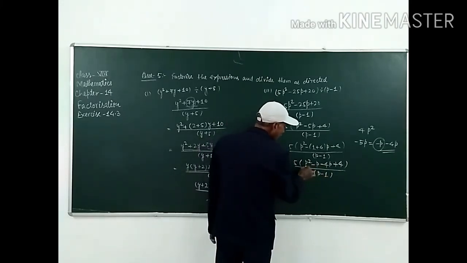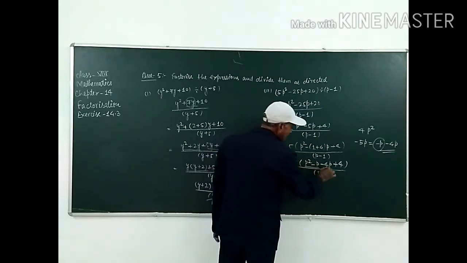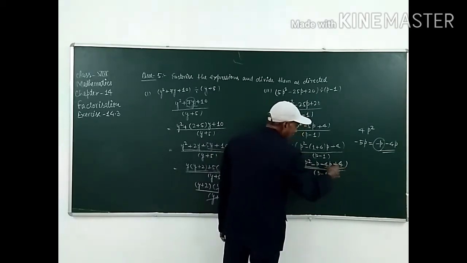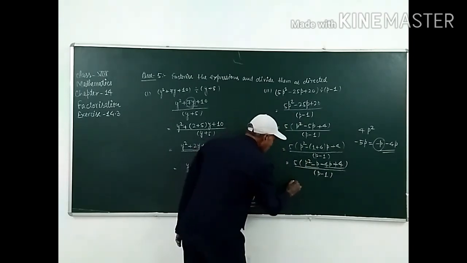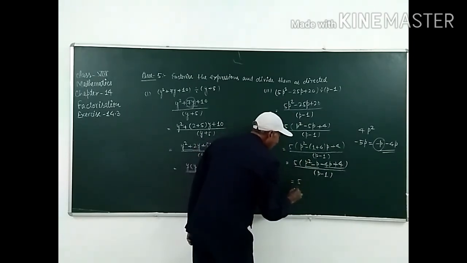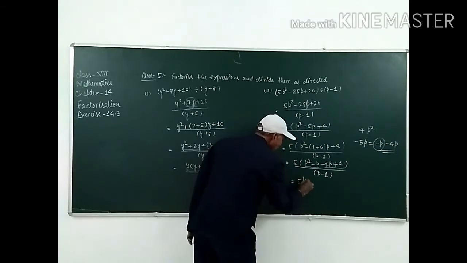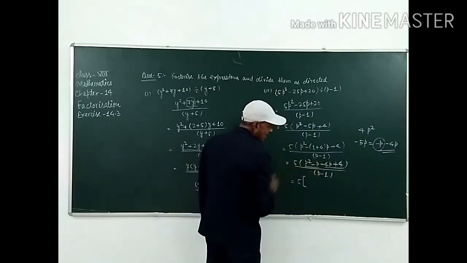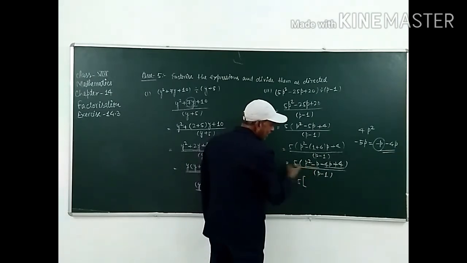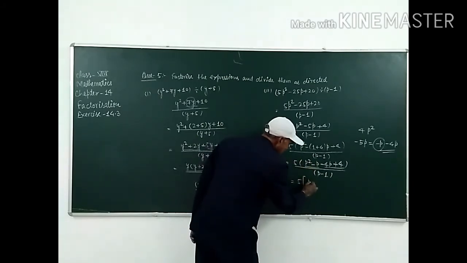Now, we have to make pairs: p square minus p, and this one minus 4p plus 4. So, this one will be 5 into... in this we have to take p as common, student, because we have made a pair here, this one p square minus p. So, p is present in both, so we have to take p as common.